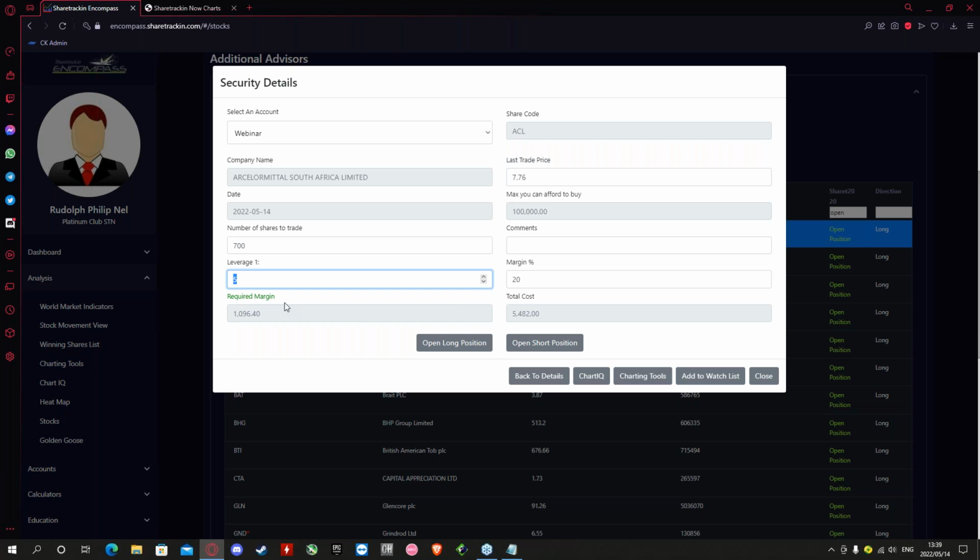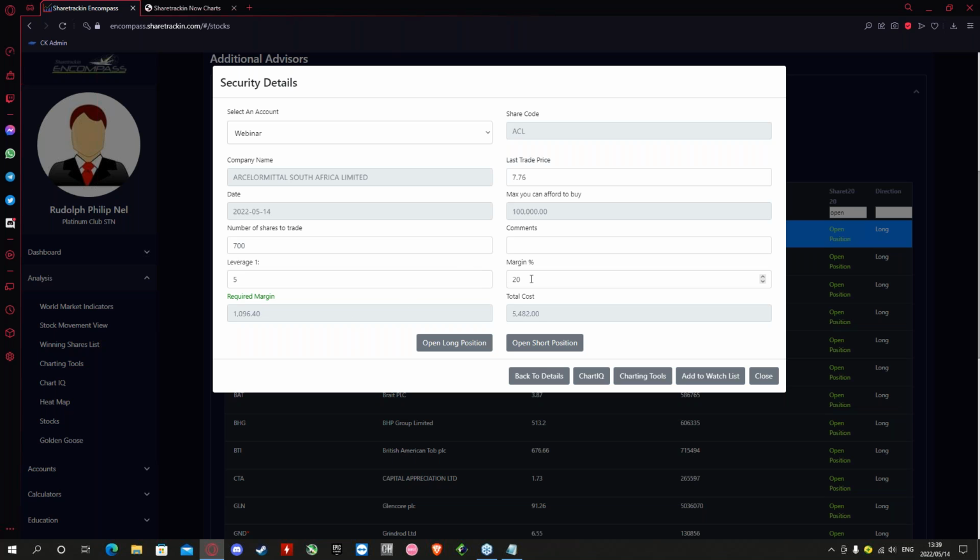It would not always be set to a leverage of 5. That might be, for instance, 7, which means your required margin would be less. So the higher your leverage is, the less your required margin would be. If I had a 10, I would only be paying 500 Rand. But because we're working on a 5, it's going to be 1,000 Rand.